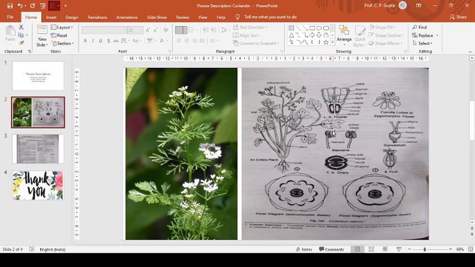Calyx, sepals 5, gamosepalous, valvate. In outer flowers, which are zygomorphic, the anterior sepal is large. Anterior sepals are larger, green or slightly petaloid.